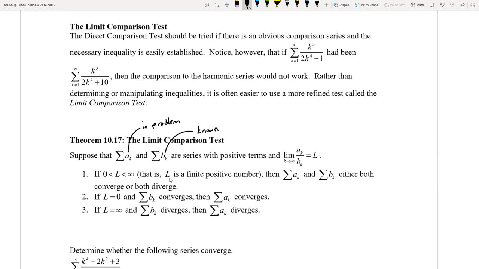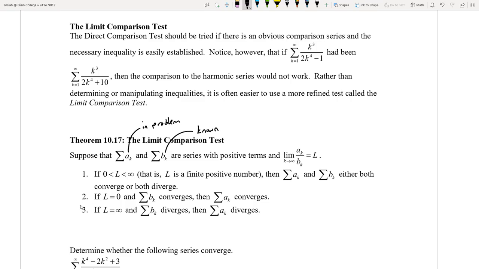So if L is a finite positive number, then both series will behave the same way. If L equals 0 and our known series converges, then our problem series does too. If L is infinity and our known series diverges, then our given series does too.